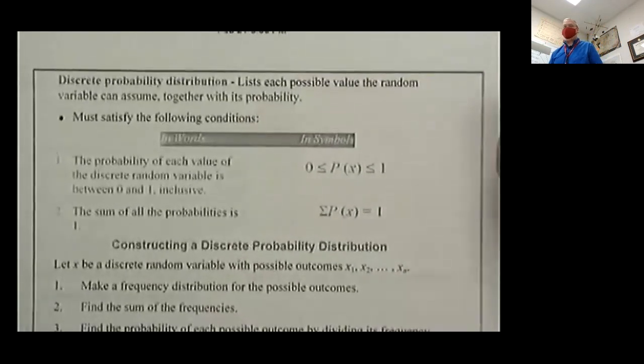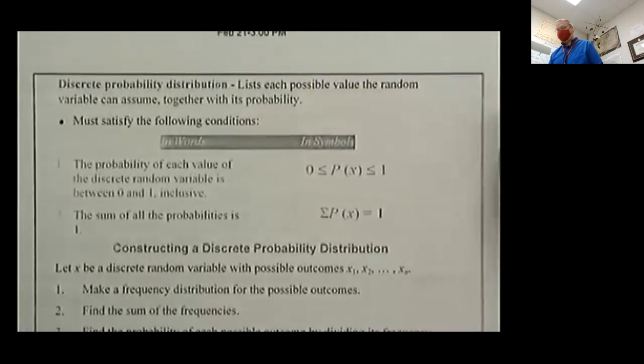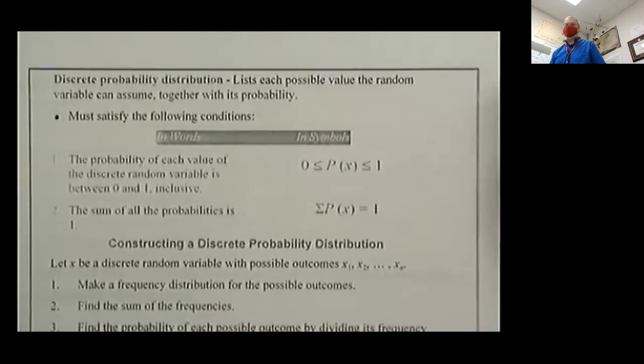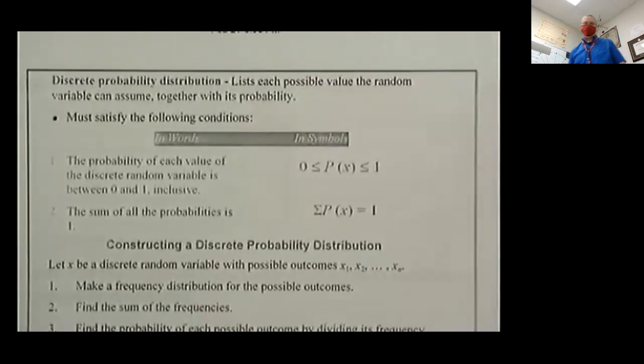Now that we know what a discrete variable is, that it can only be integers, we're going to look at a discrete probability distribution. We looked at distributions back in chapter 2. Then we added in the probability component. Now we're going to combine those together to be discrete probability distributions.